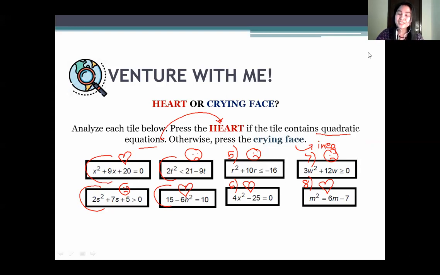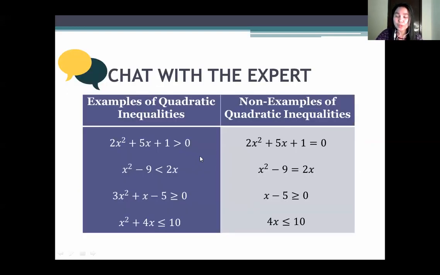Now, let's continue. What are examples of quadratic inequalities? You look at the left side. 2x squared greater than. x squared less than. 3x squared greater than or equal to. x squared less than or equal to. And here are non-examples of quadratic inequalities.